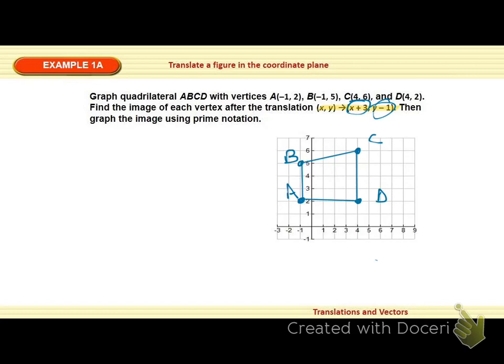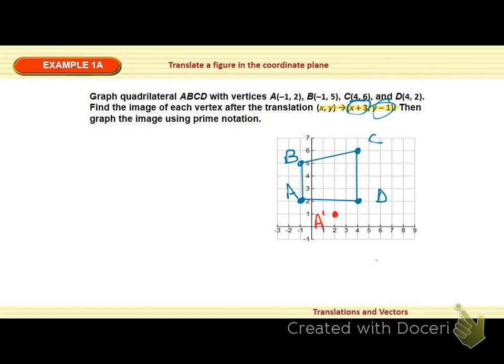So A, we go over 1, 2, 3, down 1. So A prime, which is how we denote the images after the transformation, we take the vertices and just give them a prime or an apostrophe read as prime to let us know that the prime is the image, where the regular notation is your pre-image. Sorry about that again.